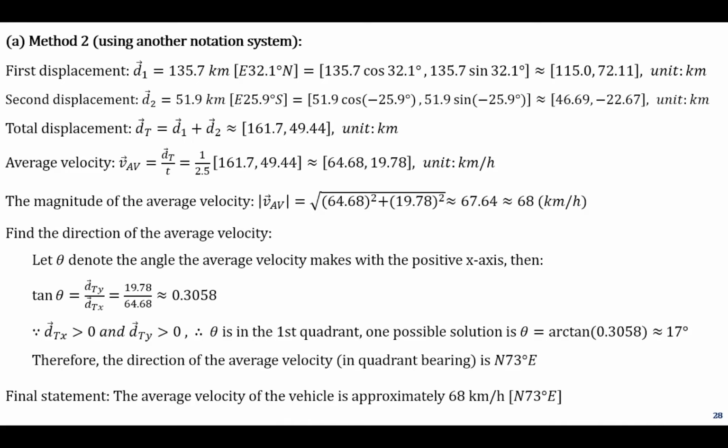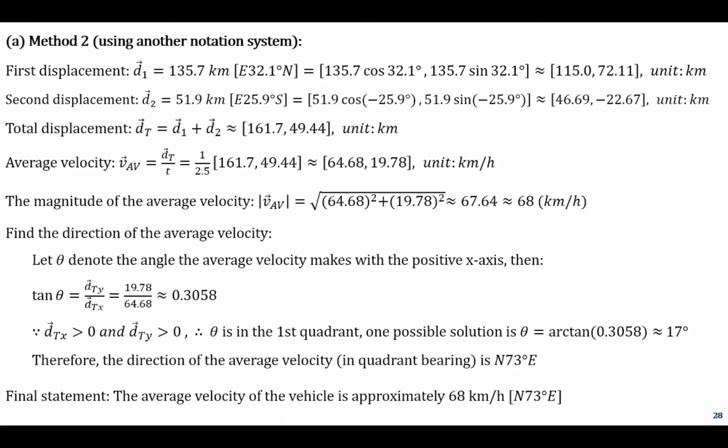Then you can find the average velocity, VAV, which is the total displacement dt over the time interval t, which is given by 1 over 2.5 times the vector dt. So just put these two components in.